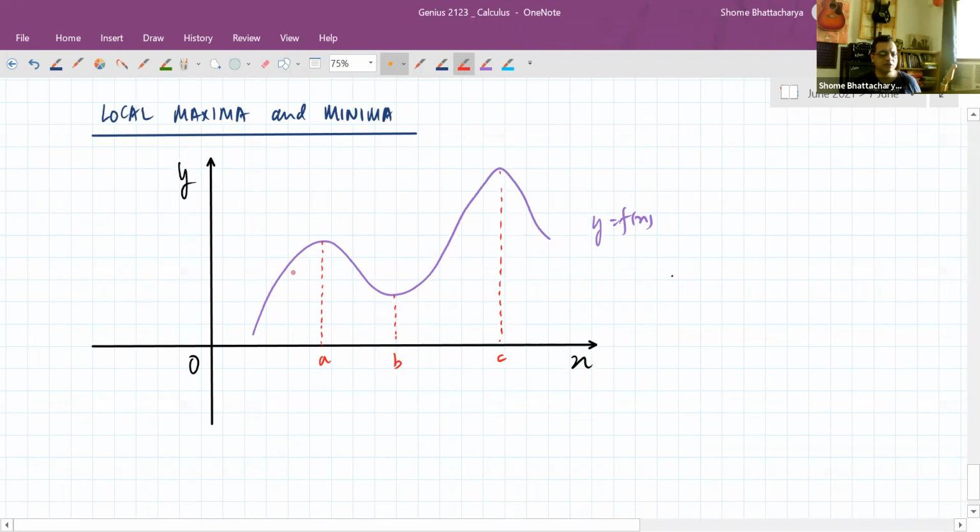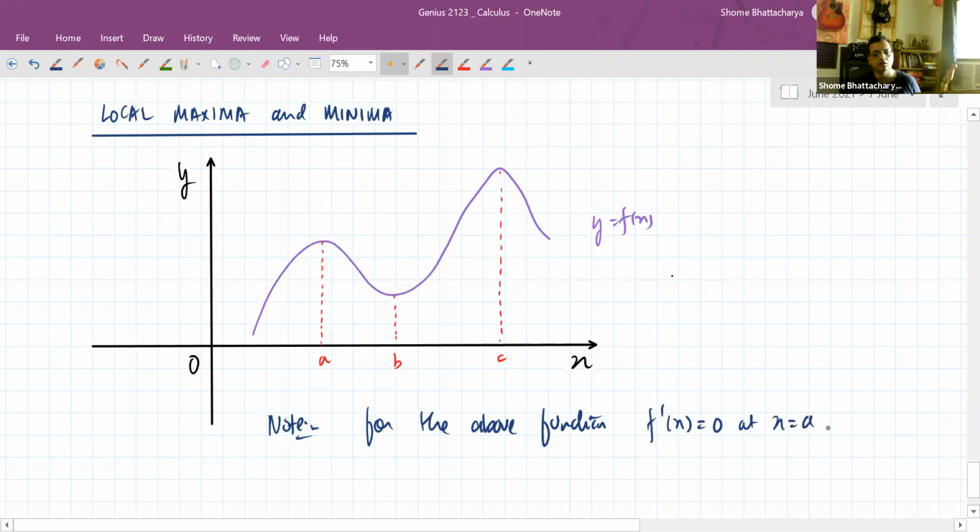The behavior of the function is changing from increasing to decreasing as you go across the point A, from decreasing to increasing across the point B, and similarly across the point C. So what we can see is that for the above function, f'(x) is equal to 0 at x = A, x = B, and x = C.